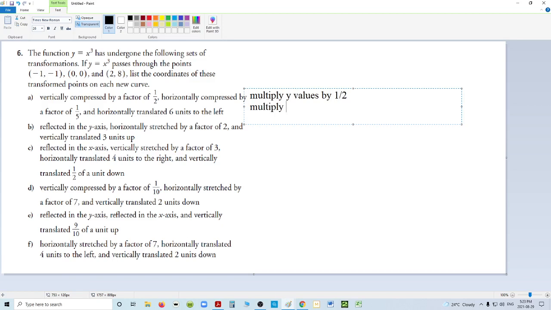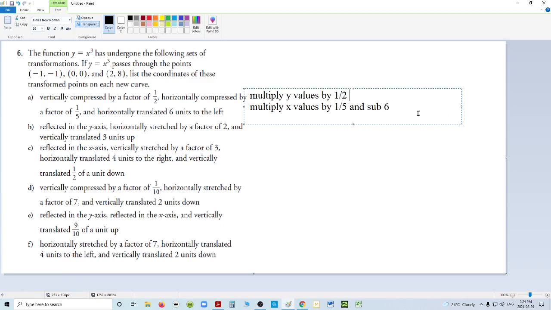Since it's compressed, I'm going to multiply by a factor. Multiply your x values by 5. Actually, I think it's going to be by a fifth. And translate it 6 units to the left, and then subtract 6. So let's see if we get that.